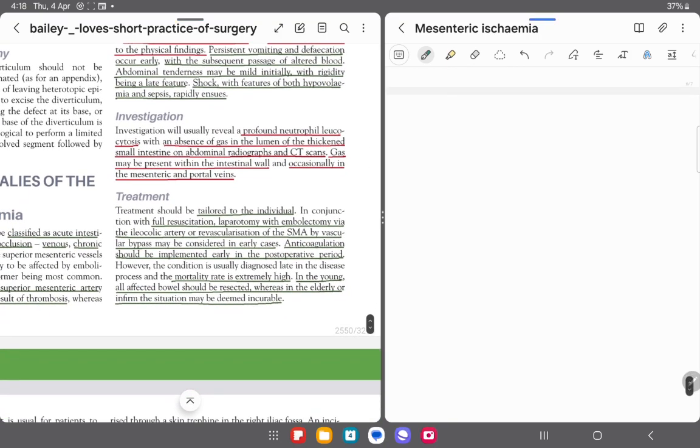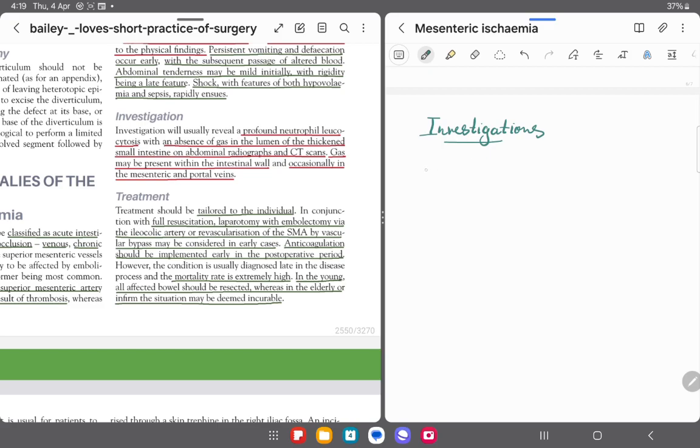So what investigations will we do? Investigations: profound neutrophil leukocytosis with an absence of gas in the lumen of the thickened small intestine on abdominal radiographs and CT scan. Gas may be present within the intestinal wall and occasionally in the mesenteric and portal veins.